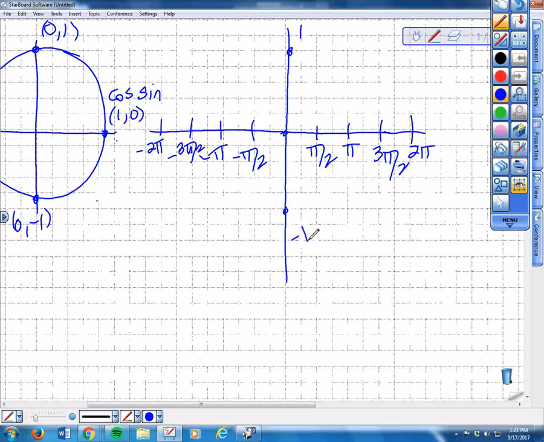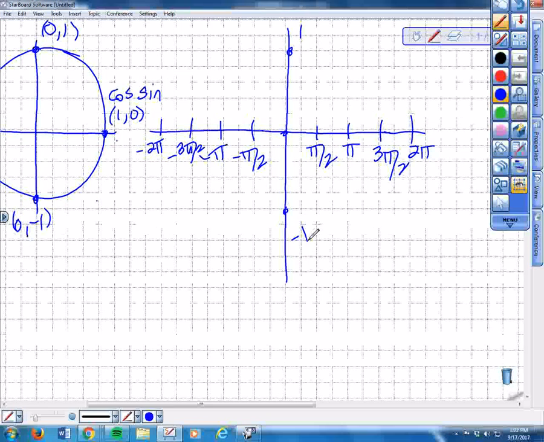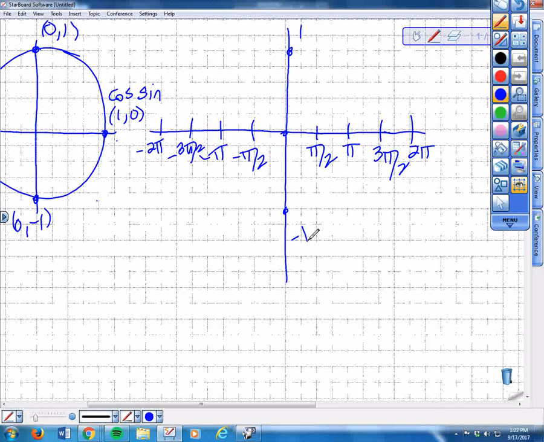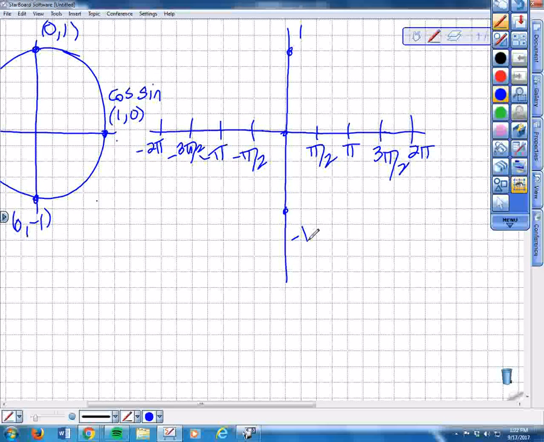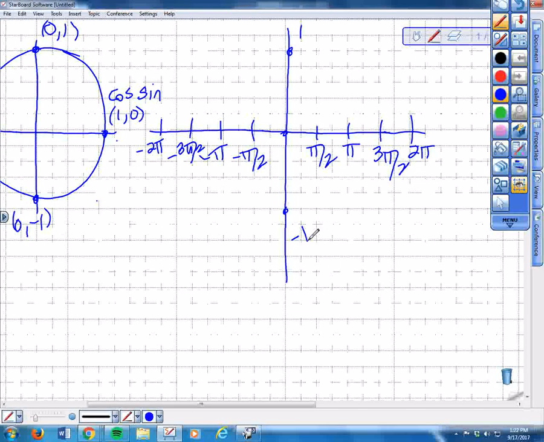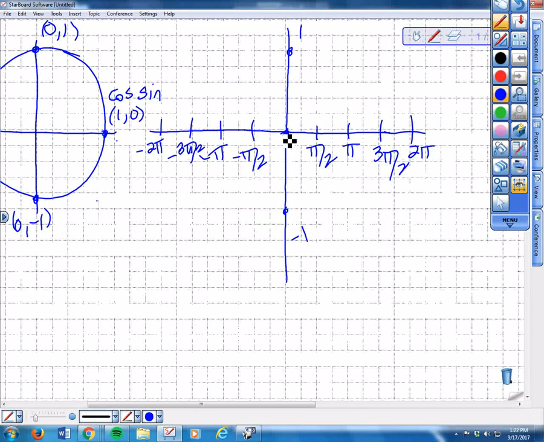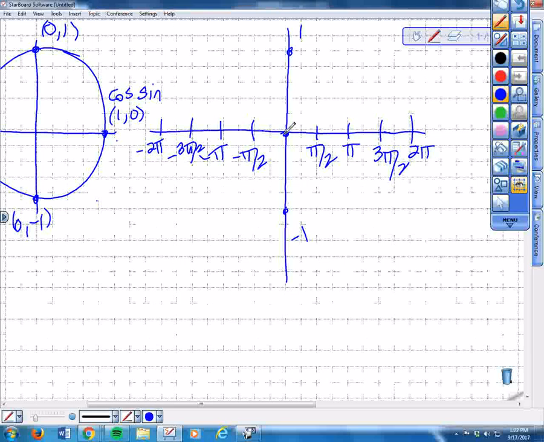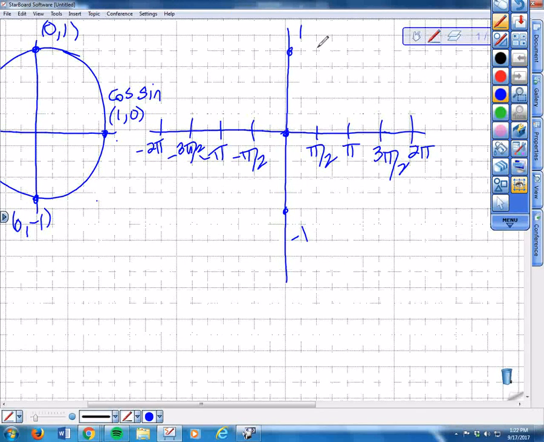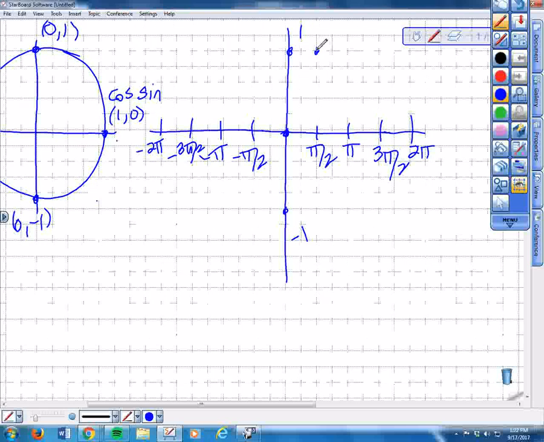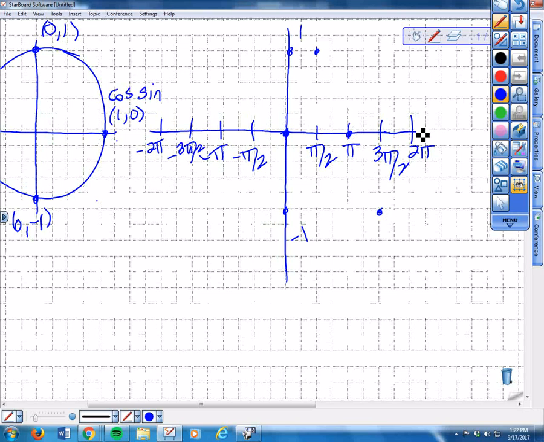So sine at 0 radians is what value? 0. So for my sine graph, it's right there. At pi over 2, what's sine? 1. At pi, what's sine? 0. 3 pi over 2, negative 1, and back to 0.